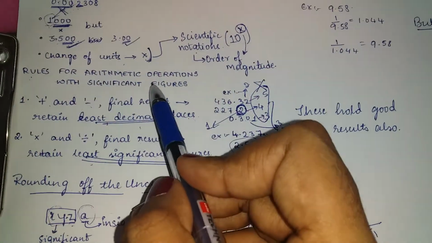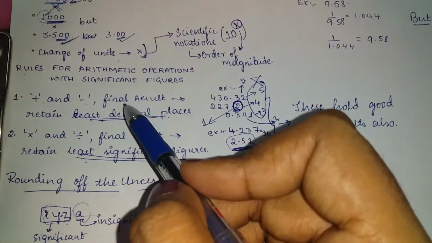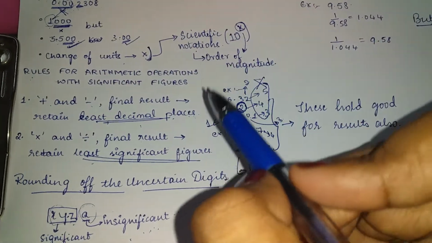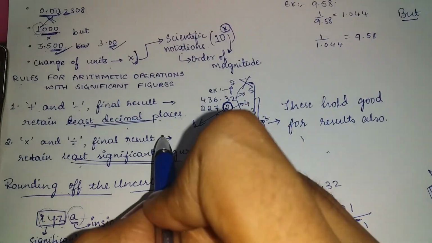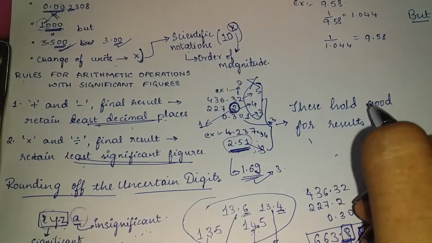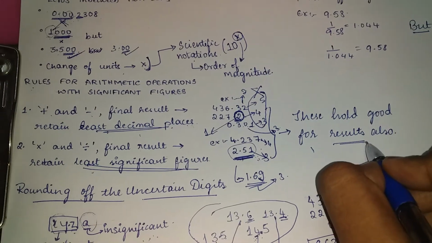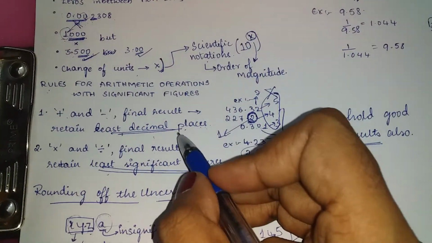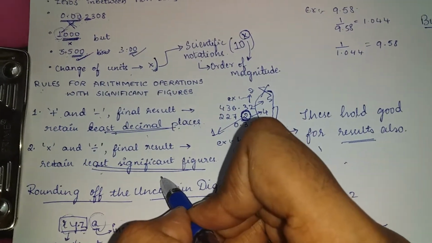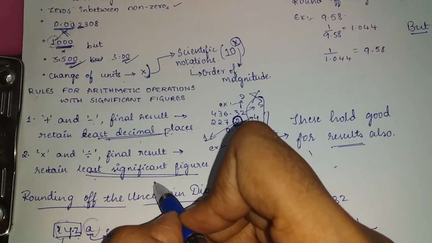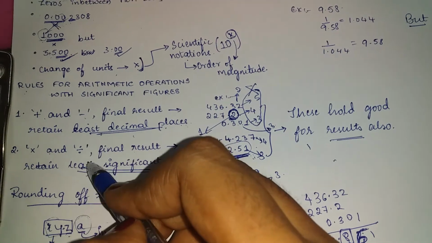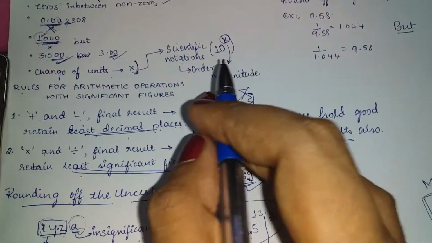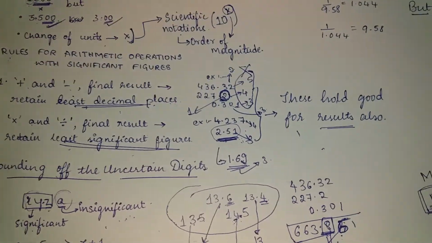So now these rules are for the operations, and for the result that you write also, these rules will hold good. What do I mean by results? The least decimal places and least significant figures that you concentrate on when operating plus, minus, multiply, division respectively, apply these to the final answer.